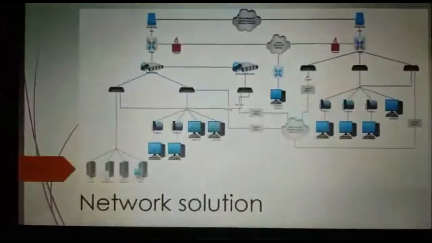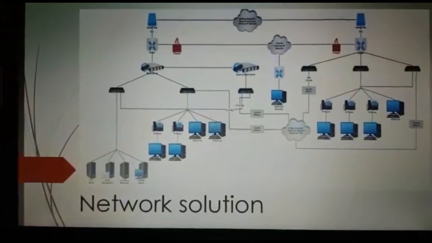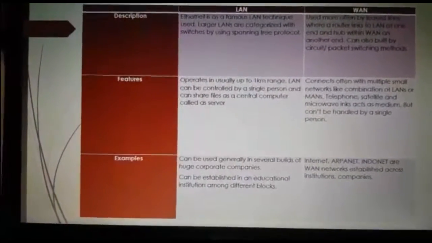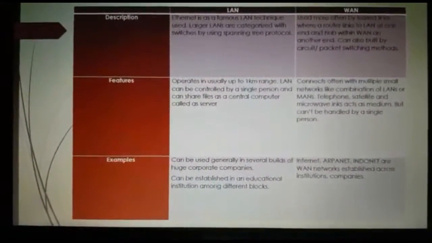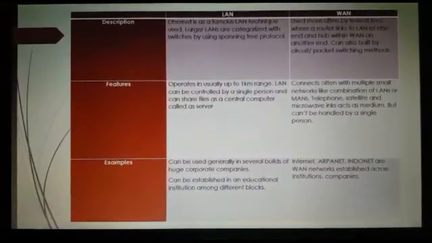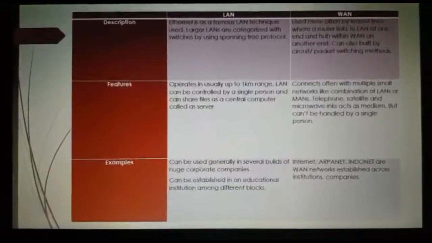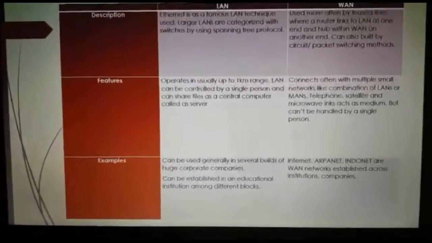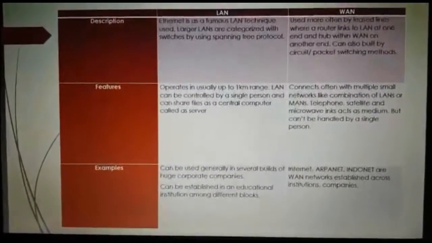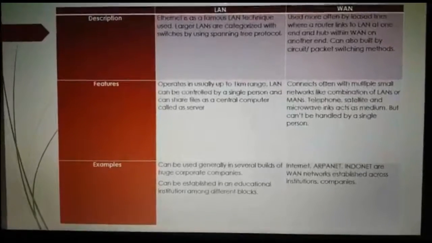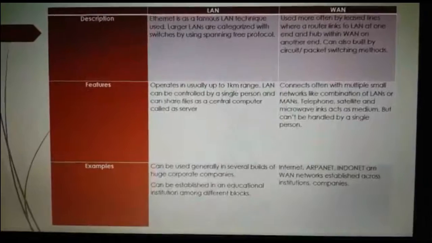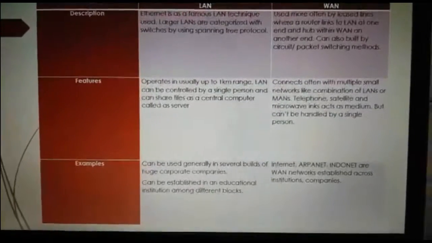When we look at the network solution, we can observe the LAN and WAN connections, which can be described by the LAN and WAN descriptions. Ethernet is a famous LAN technique, while the Internet is a famous technique used in WAN connections. In WAN connections, packet and circuit switching methods are used, which are less expensive compared with leased links.